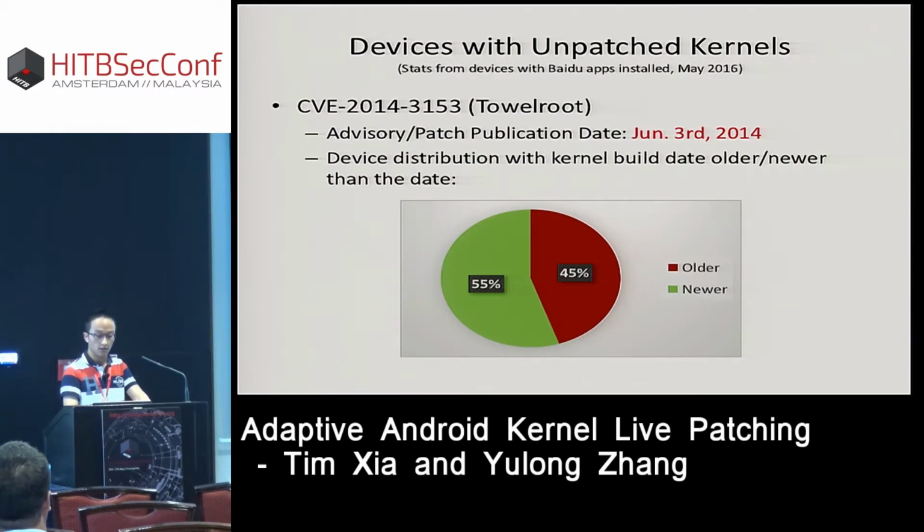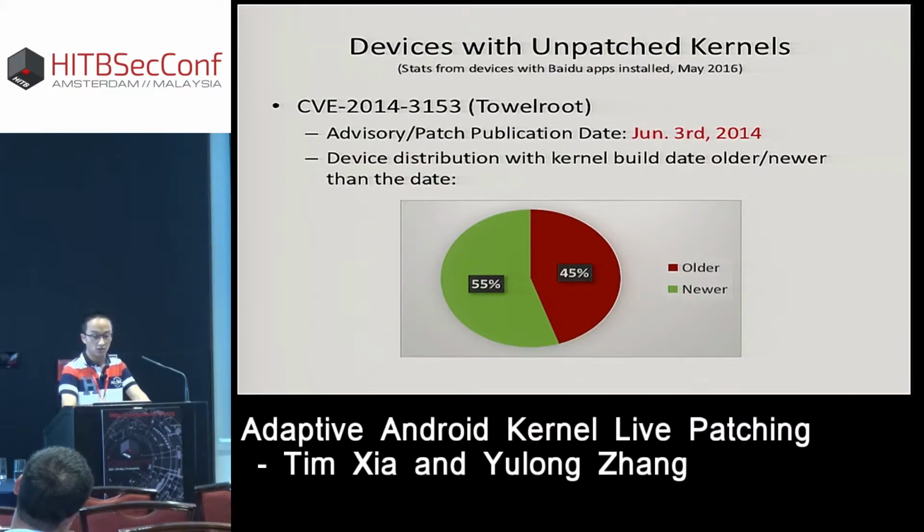So for Towelroot, from the data gathered in May, which is this month, 55% of the devices are not vulnerable, which means they have a newer build timestamp than the date when this vulnerability got fixed. However, the remaining devices are older than this date, which means it is highly likely that they are vulnerable.